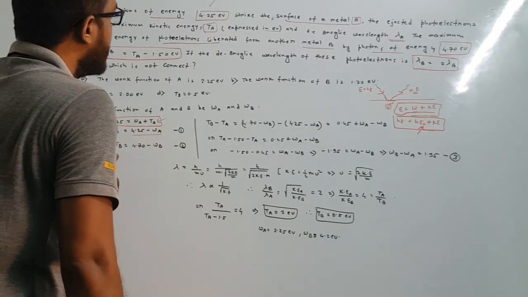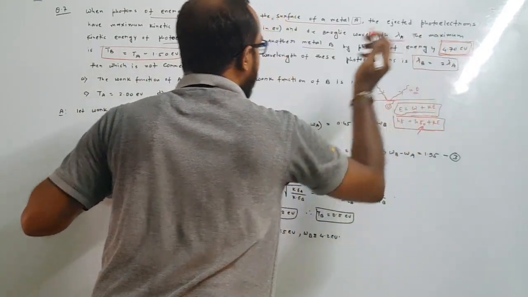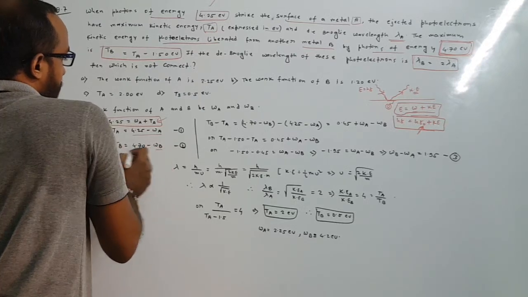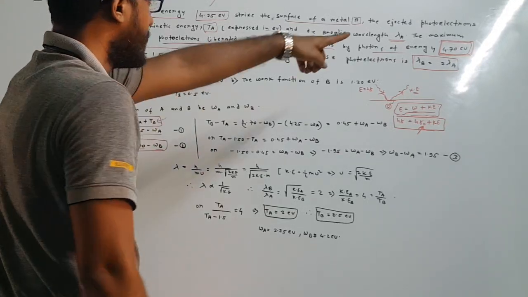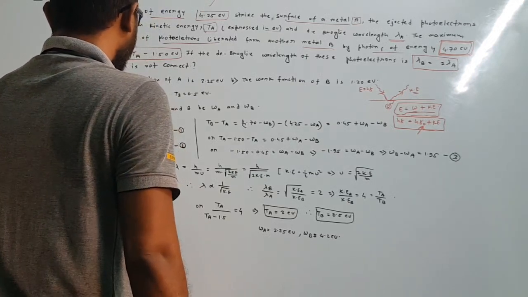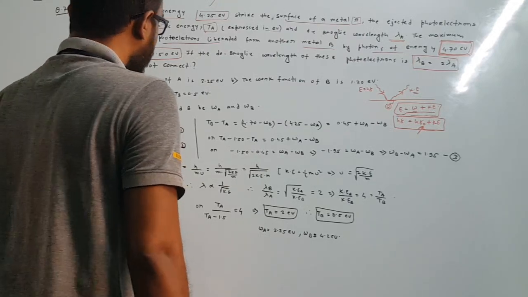And for B, the energy is given as 4.70, so 4.70 equals WB plus TB. Now TB would be 4.70 minus WB.